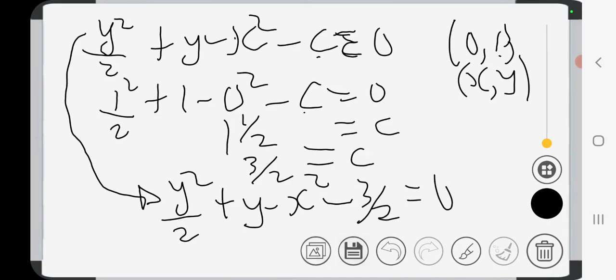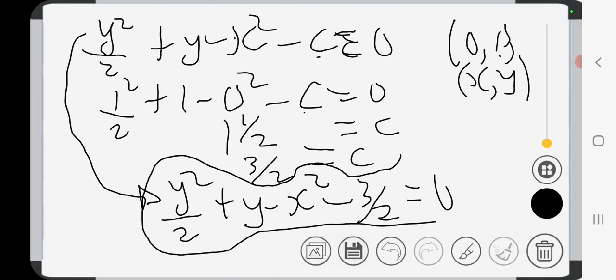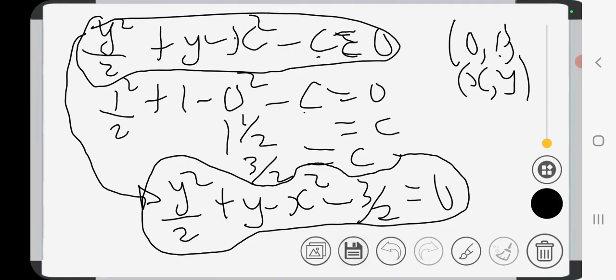This is the solution to the question given. This is the particular solution. The one on top is called the general solution, and the one below is the particular solution.